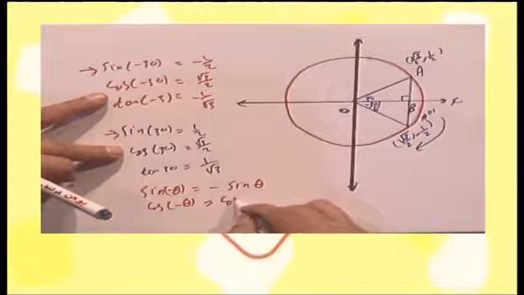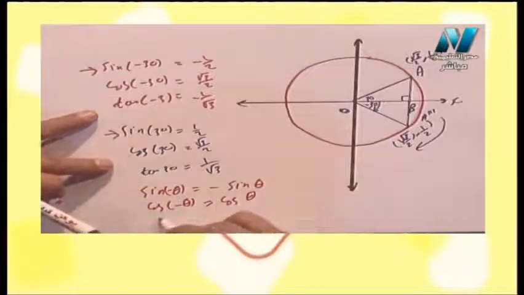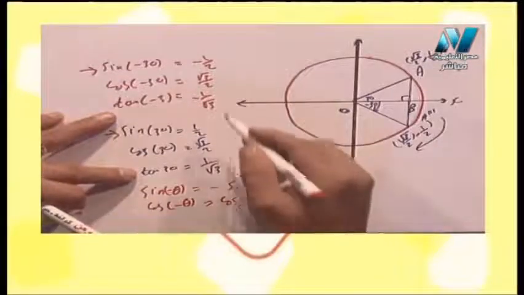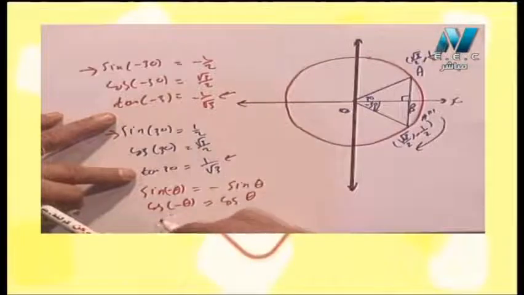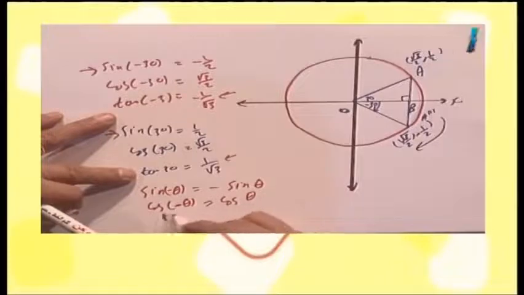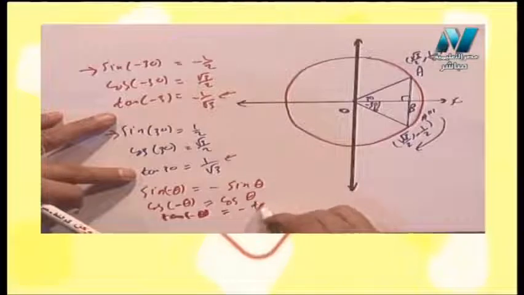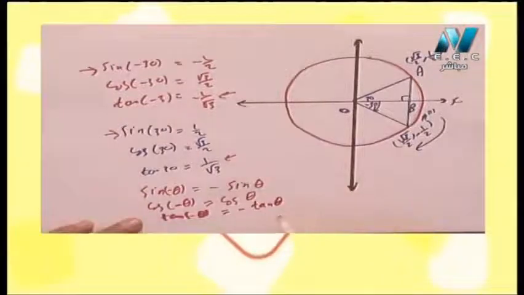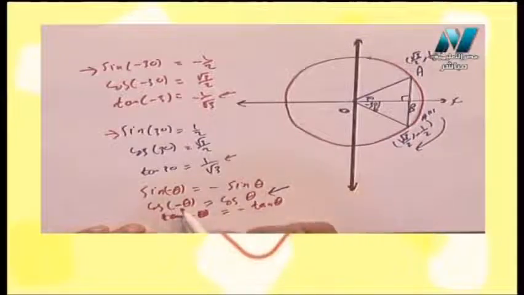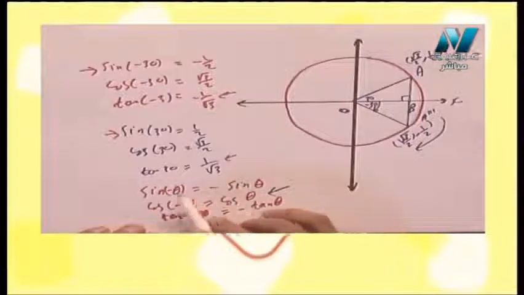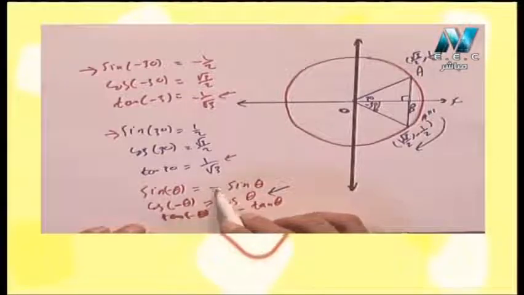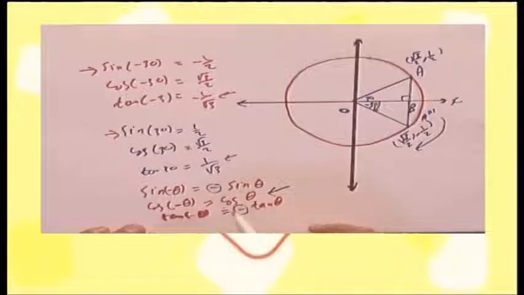So it's cosine theta. And compare tan here, this one and this one, they are different in sign. So tan negative theta will be negative tan theta. So we can conclude that cosine negative here will be cosine positive, and we have no sign here. But for sine, the negative will be outside, and for tan the negative will be outside.